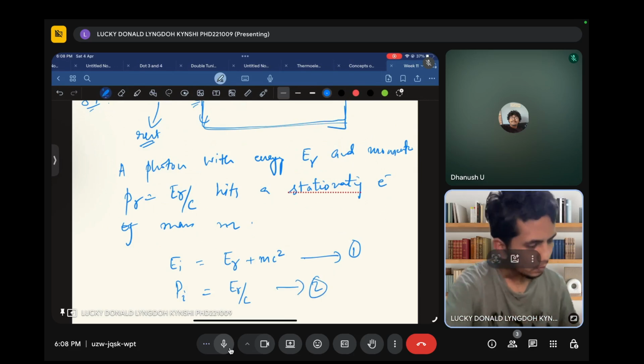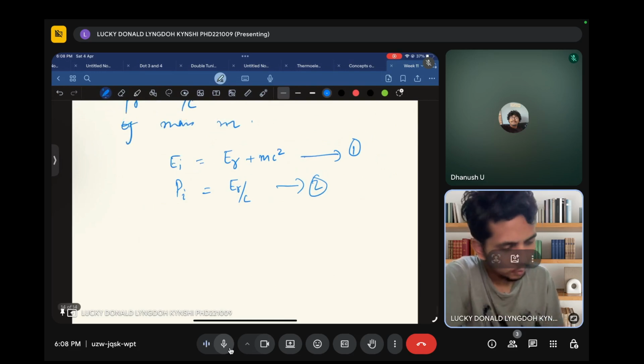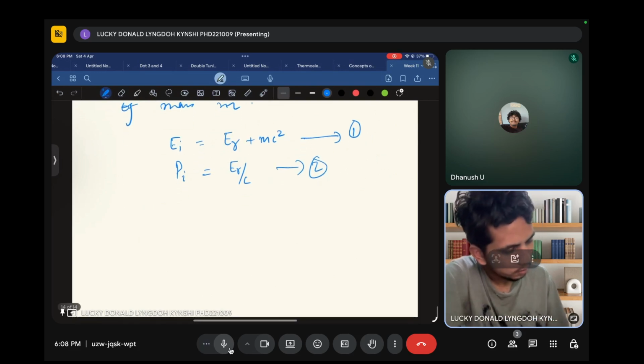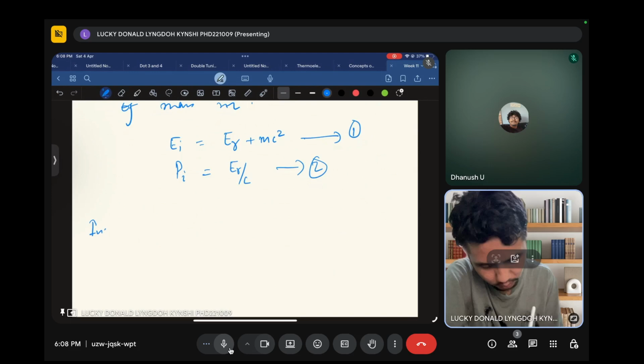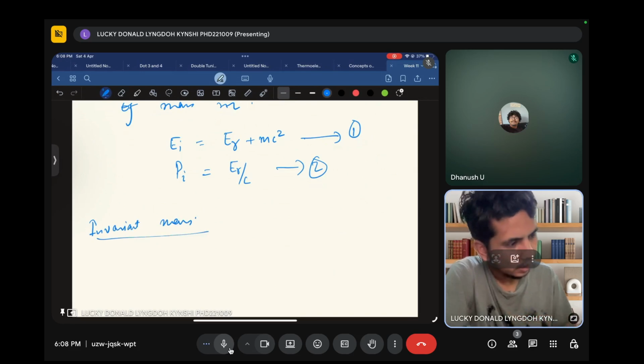So now, if you want to find the minimum energy, you can use the invariant mass. Using this concept, let me write it on the side.